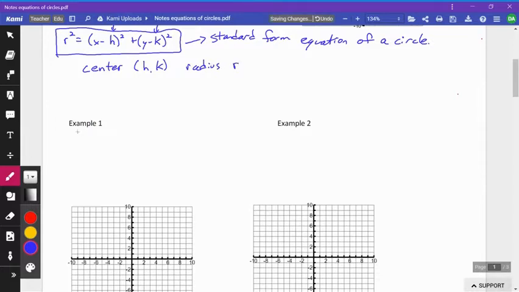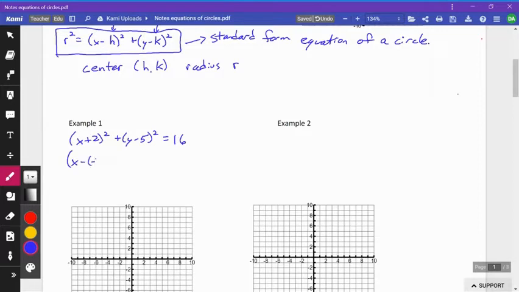So if I start out with this first example, let's go x plus 2 squared plus y minus 5 squared equals 16. Now, if I take a look at the equation, here is x minus h. Here is y minus k. Here is r squared.